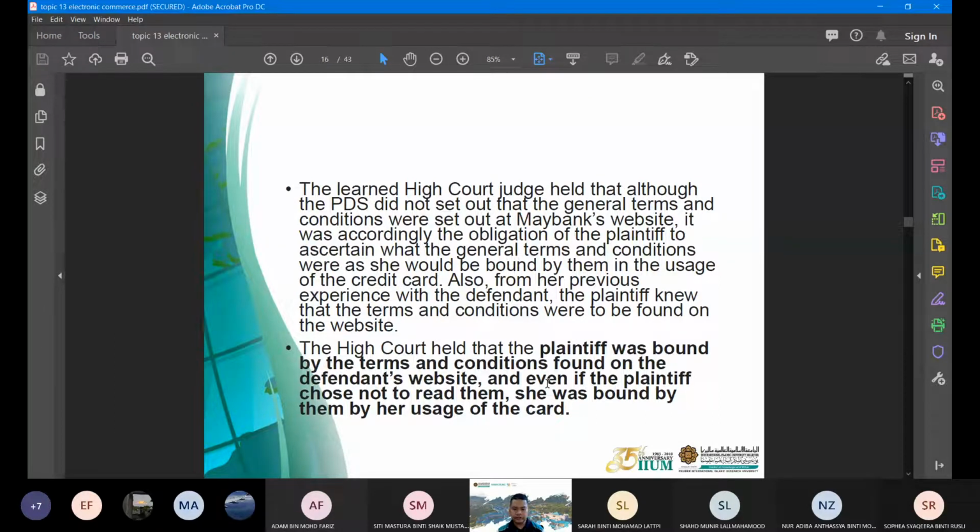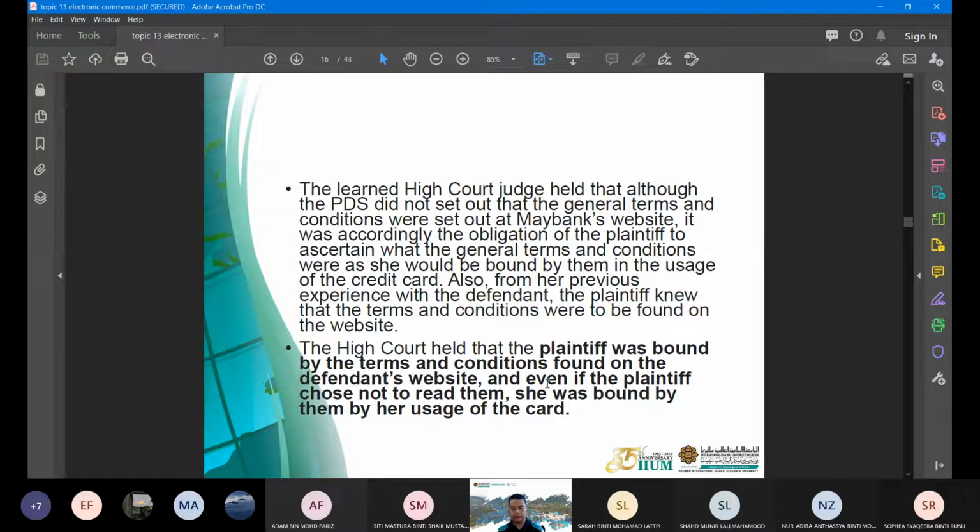Here the court had to decide whether the terms and conditions were effective and therefore binding on the plaintiff, and the High Court decided that the plaintiff was bound by the terms found on the defendant's website, even if she chose not to read them, by her usage of the card.